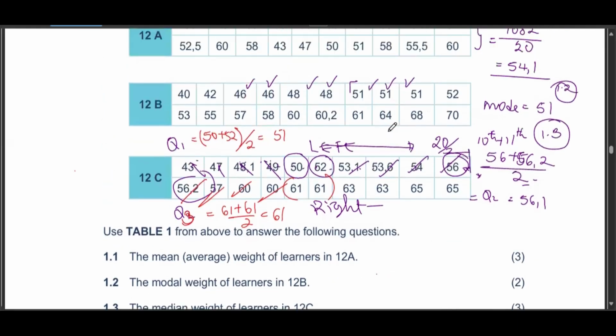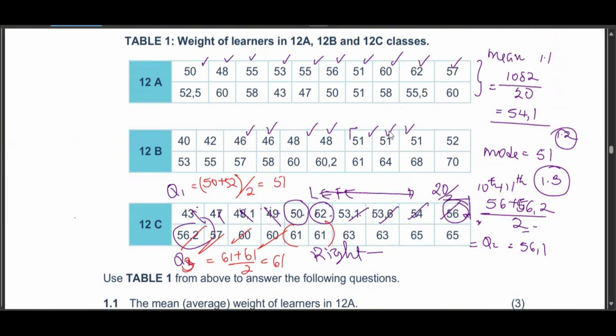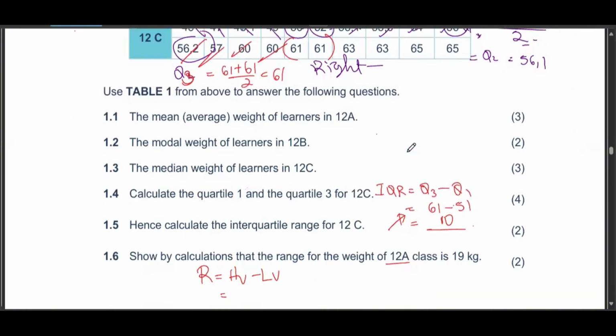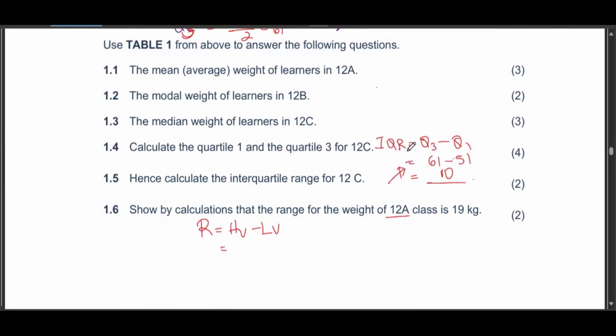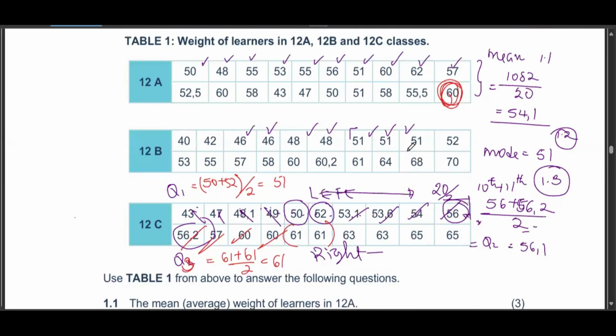The highest value in 12A was 60, so we shall come down here and we shall say 60 minus the lowest. The lowest is 43.